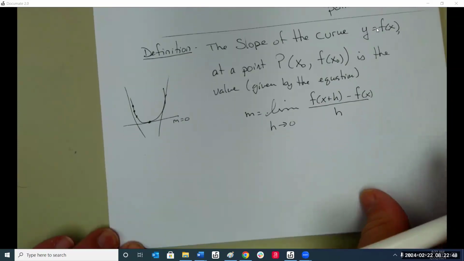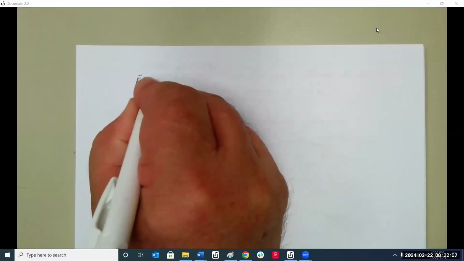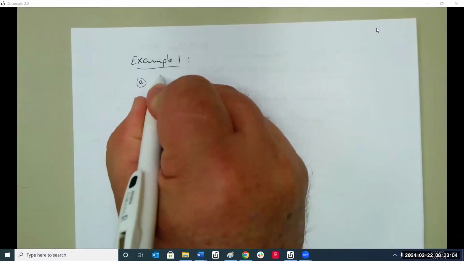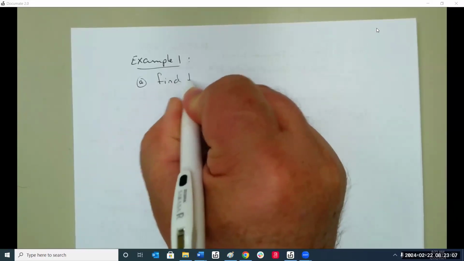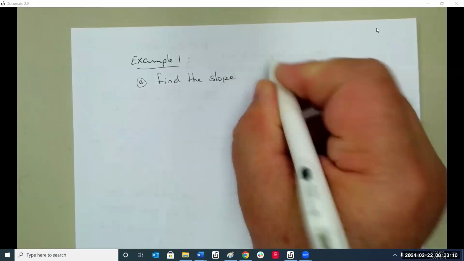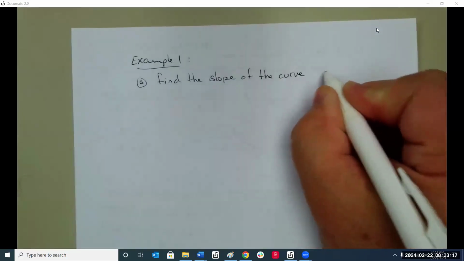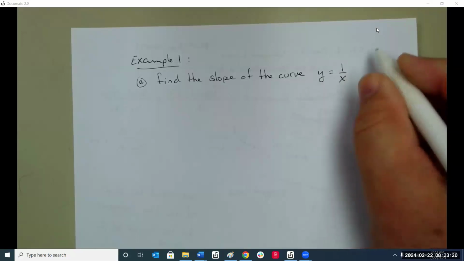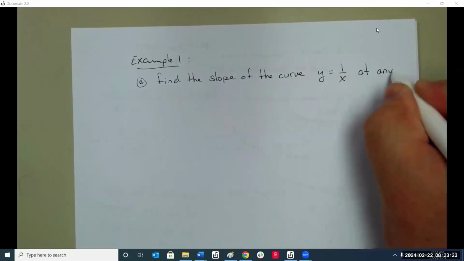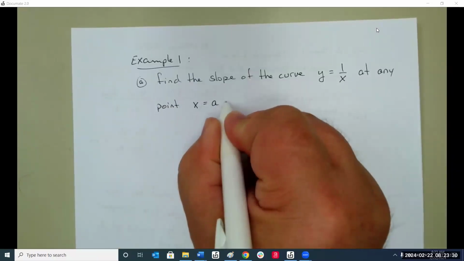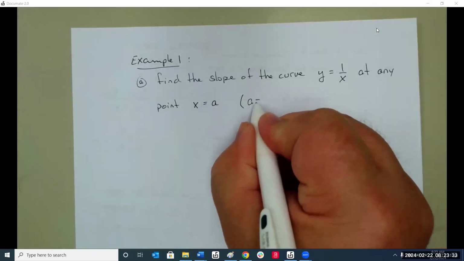Let's do an example. Example 1, A. Find the slope of the curve y equals 1 over x at any point x equals a, a cannot equal 0.